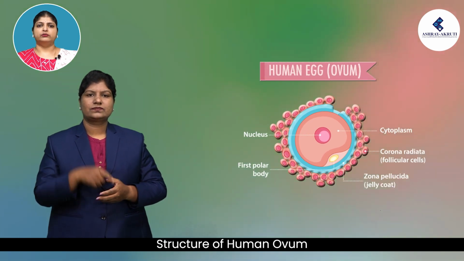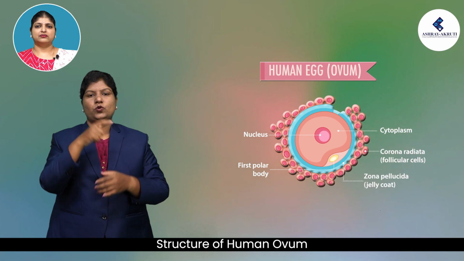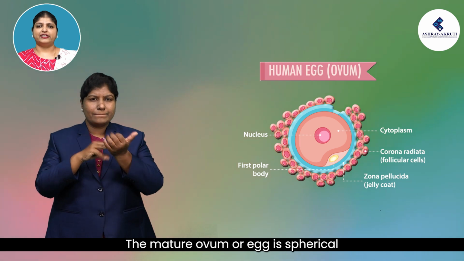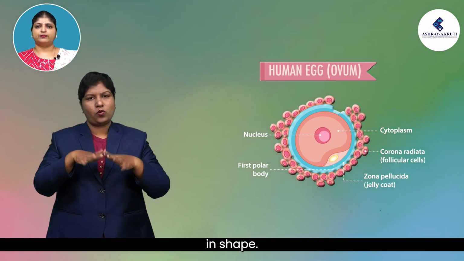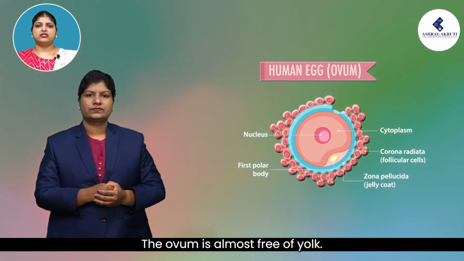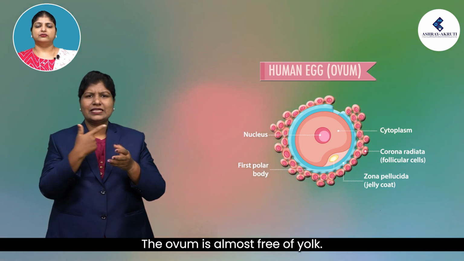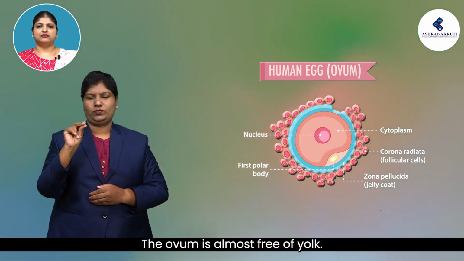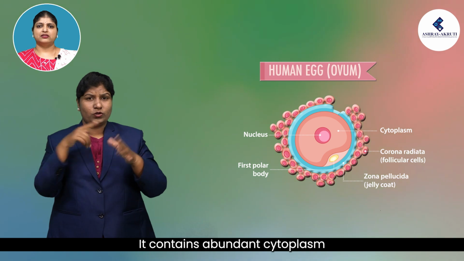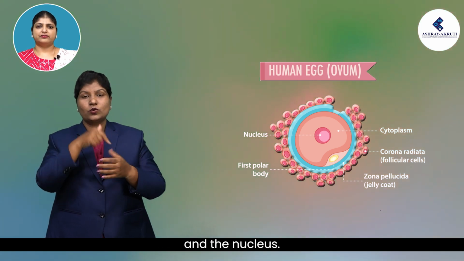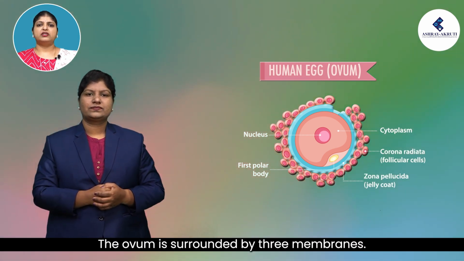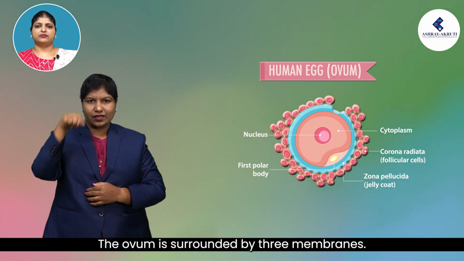Structure of human ovum. The mature ovum or egg is spherical in shape. The ovum is almost free of yolk. It contains abundant cytoplasm and the nucleus. The ovum is surrounded by 3 membranes.